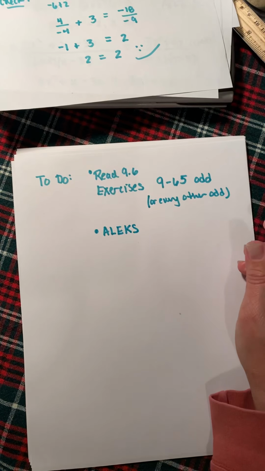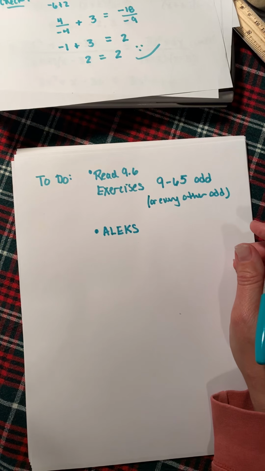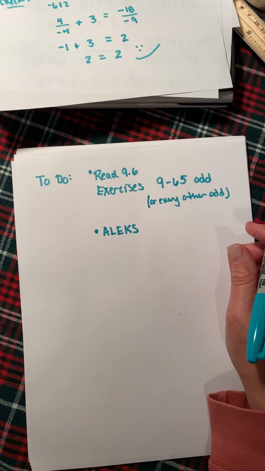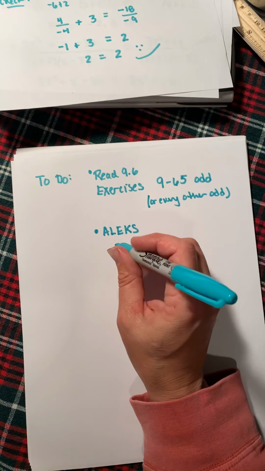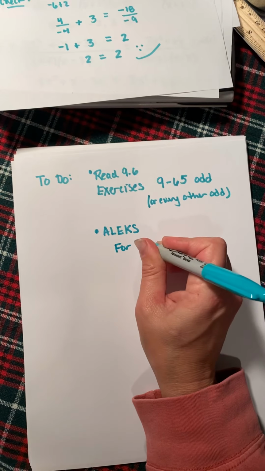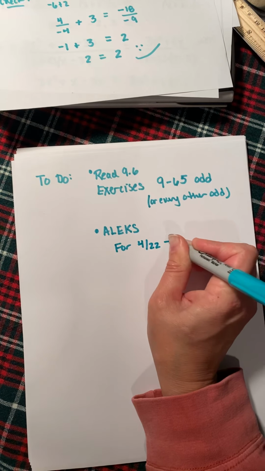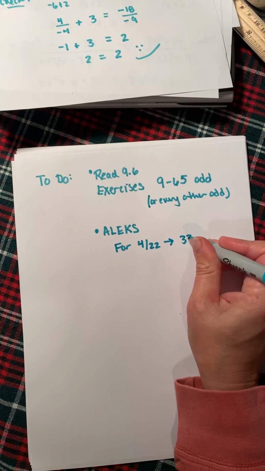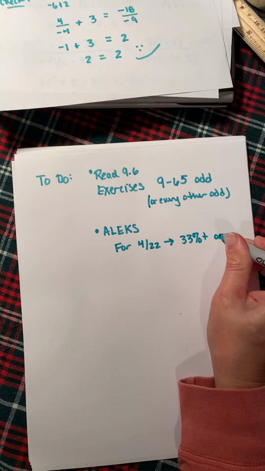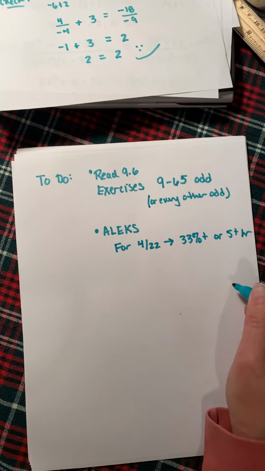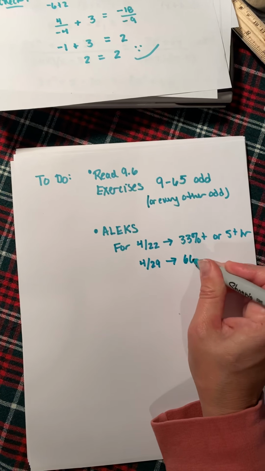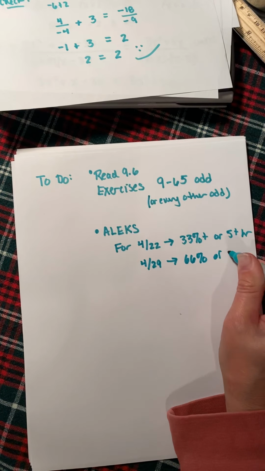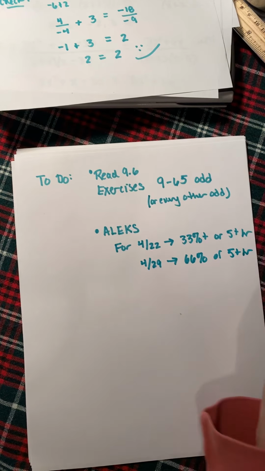All right, we haven't done any of the word problems, so we will get to the word problems in part 2. But Alex, for 422, you want to be at 33% plus, or 5 plus hours. For 29, you want to be at 66% or 5 plus hours.